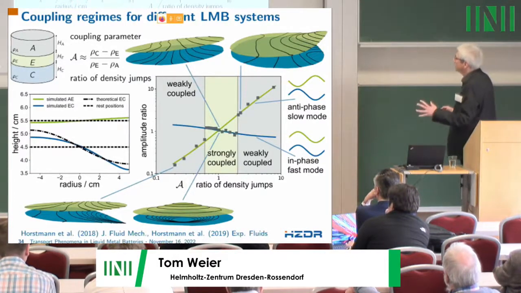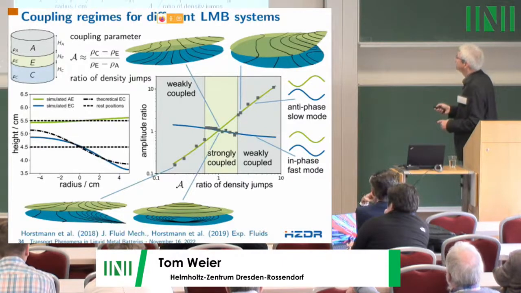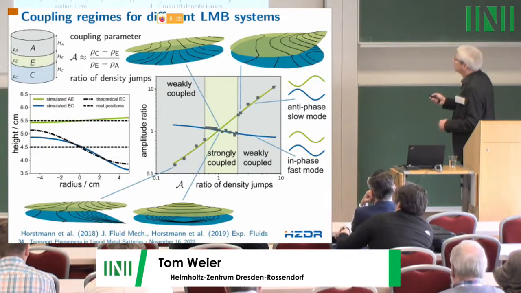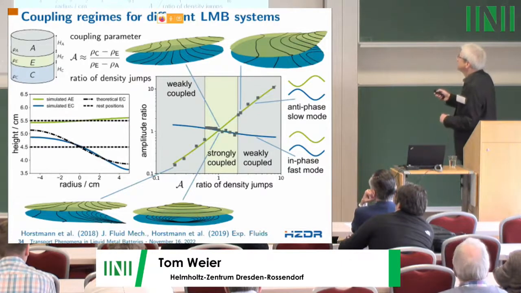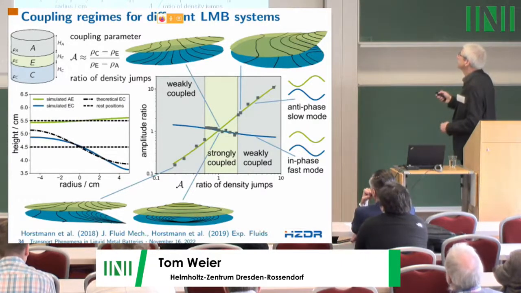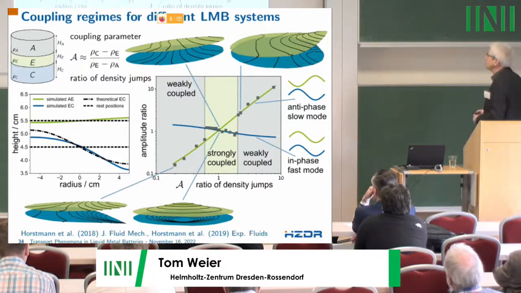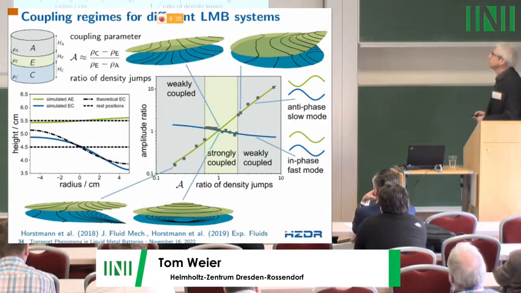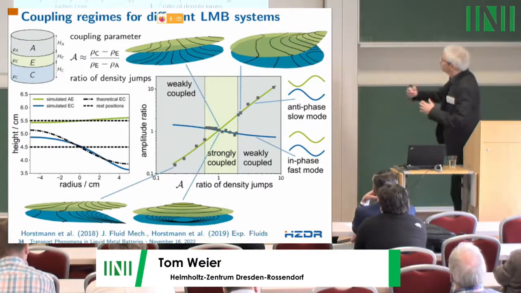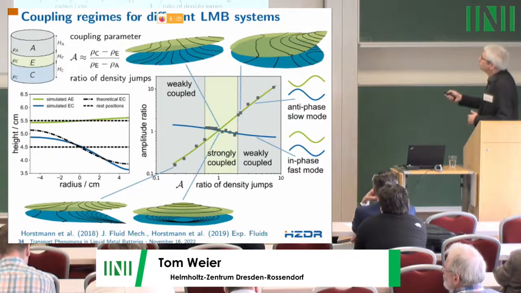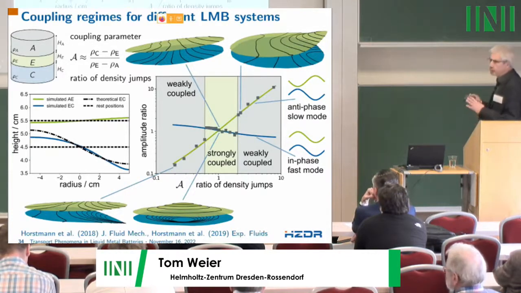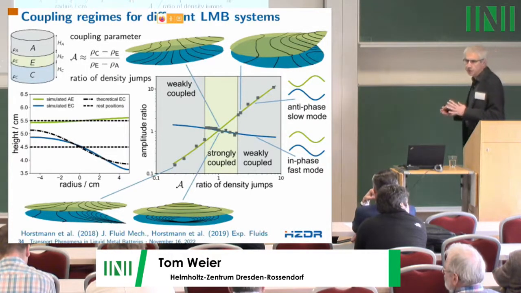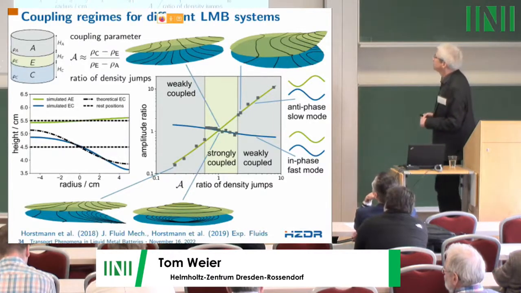And depending on the regime you are in, you either have in-phase fast moving waves, or you have anti-phase slow moving waves. And this kind of wave is much nicer, so it takes away our German angst of short circuits, because if both interfaces remain parallel, there will not be a short circuit. So we saw this is a kind of wave we could afford.